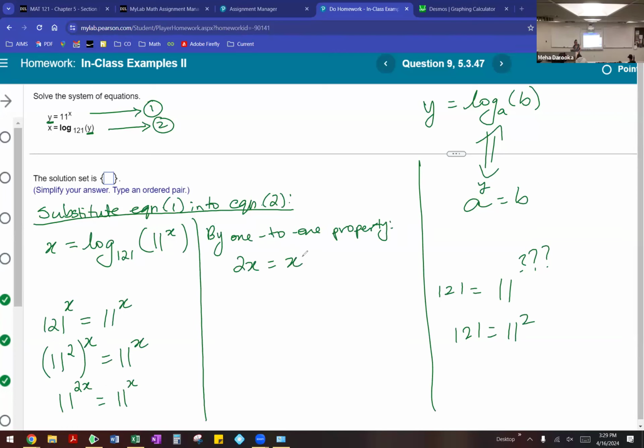Do not divide by x here, guys, because that will eliminate the variable. Subtract and bring the x to the left-hand side. 2x minus x is 1x. x equals 0. If x equals 0, what is your y?